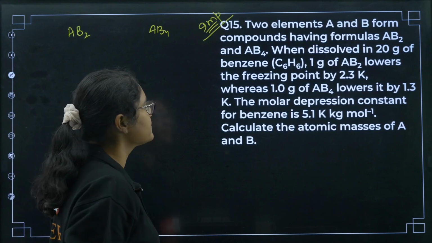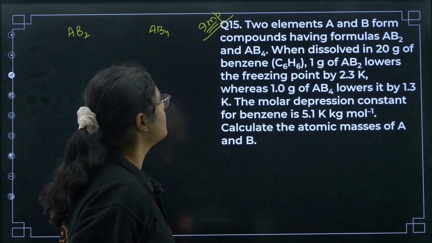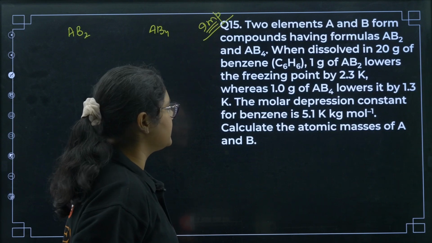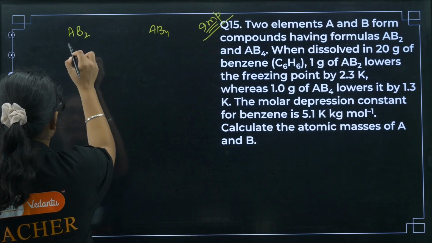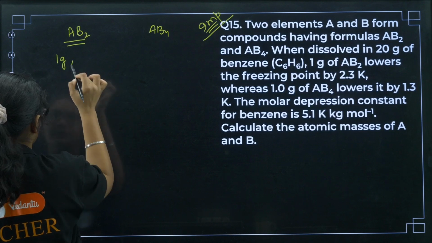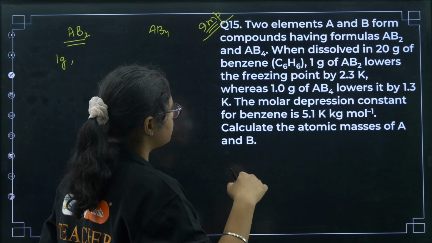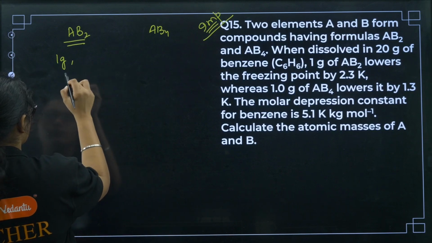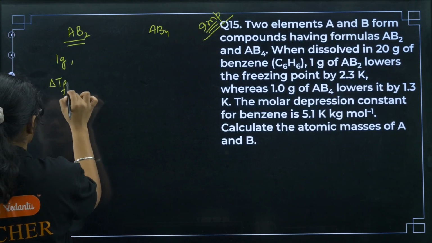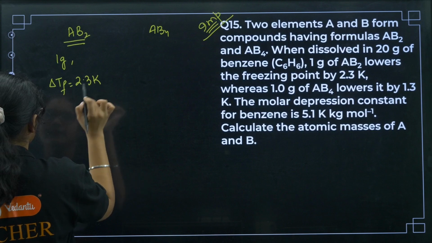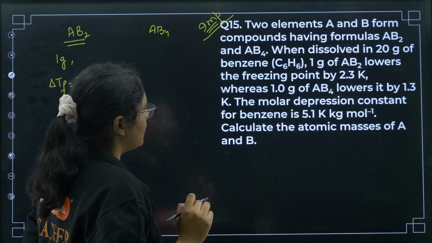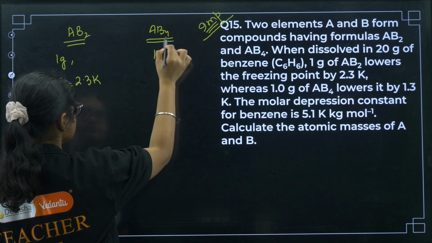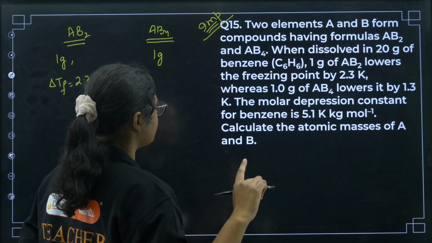Let us read it again. Two elements A and B form compounds AB2 and AB4. When dissolved in 20 gram of benzene, if I take 1 gram of AB2, it lowers the freezing point by 2.3 Kelvin, which means delta Tf is equal to 2.3 Kelvin, whereas 1 gram of AB4 lowers it by 1.3 Kelvin.